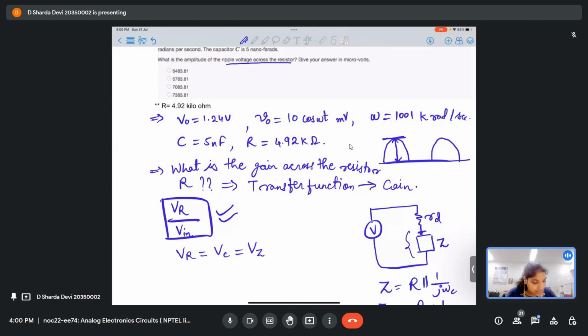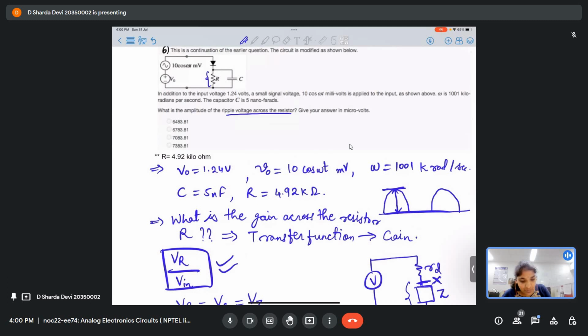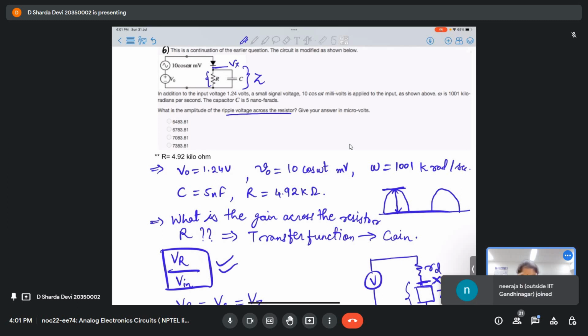Because whatever voltage is at this point X, it is the same voltage across this resistor R as well as the capacitance C, or the impedance Z, because this combination of R and C in parallel is Z. So whatever voltage we have at this point, let's say Vx, is the voltage drop across this whole Z, as well as across this R and C.